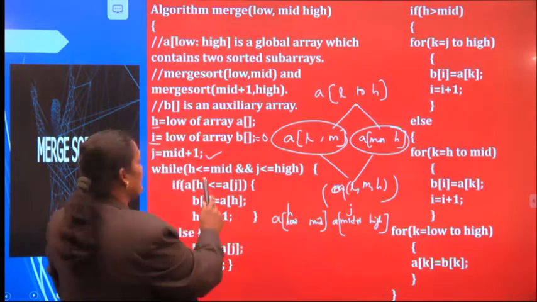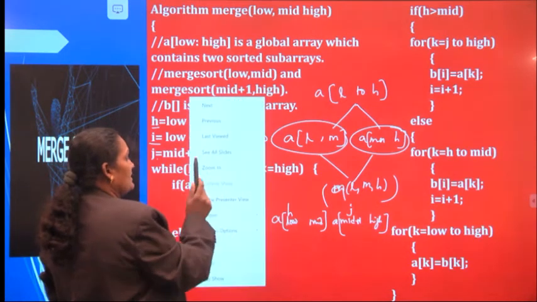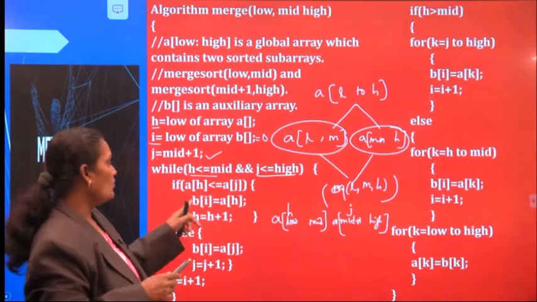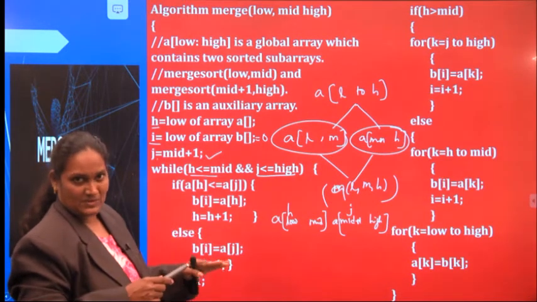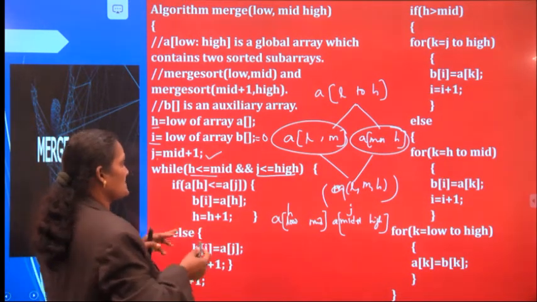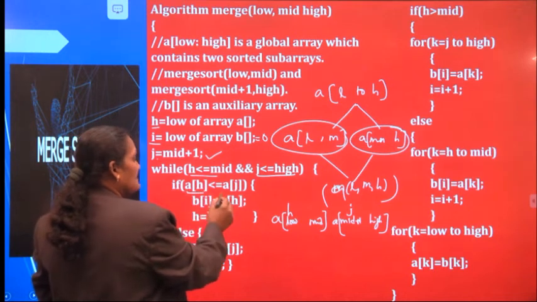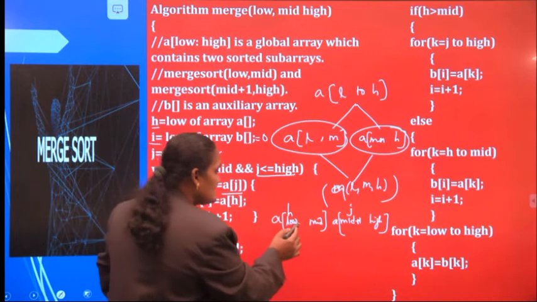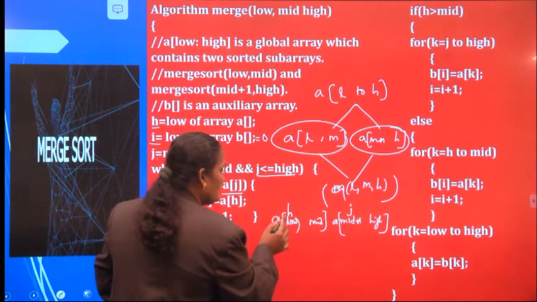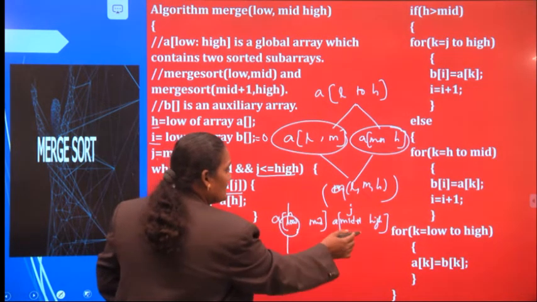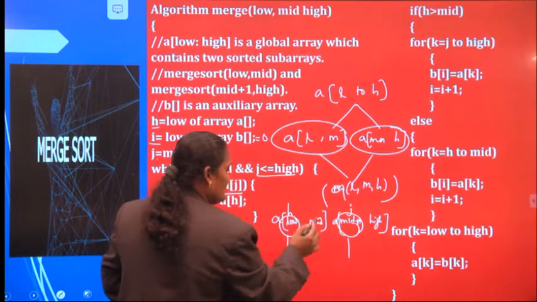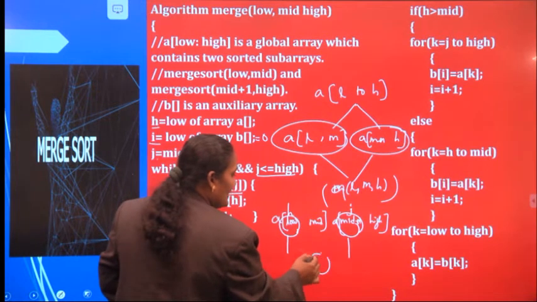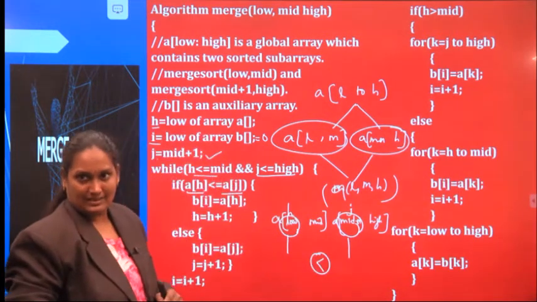Now what are we doing? While H is less than or equal to mid and J is less than or equal to high, we do the merge procedure. Is A of H less than or equal to A of J? We consider the first element from this subarray and the first element from this subarray, A of H and A of J, and these two are compared.